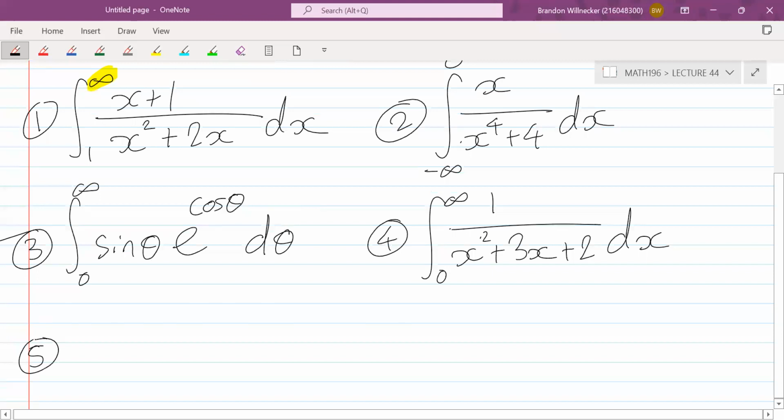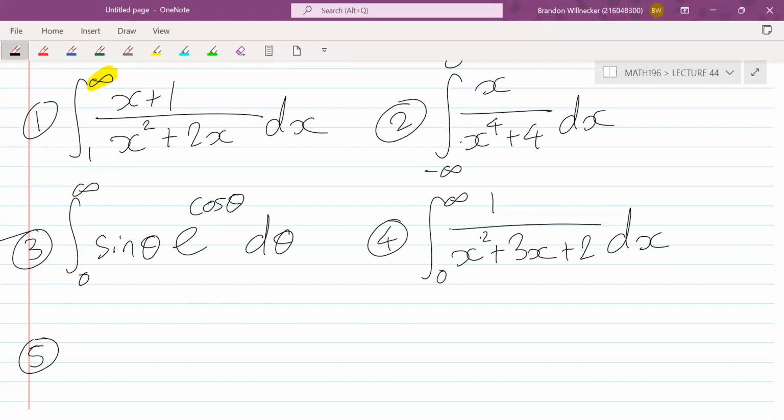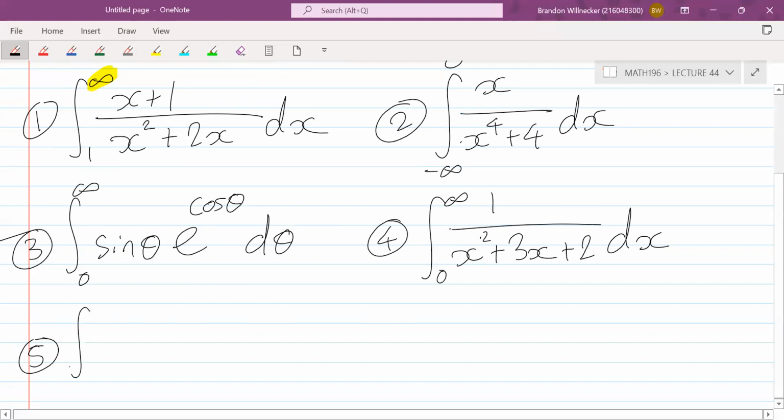Okay, last one here. Let's say the integral from 0 to 3 of 1 over x squared minus 6x plus 5.